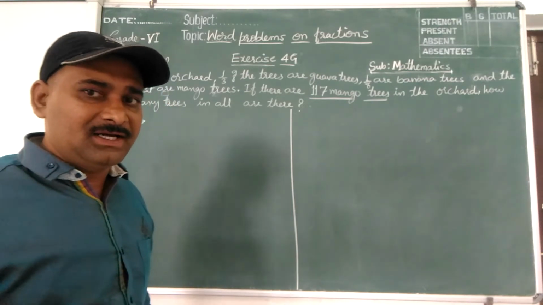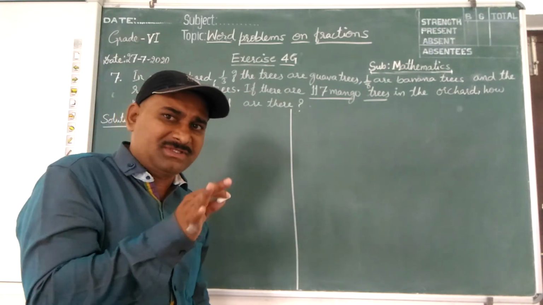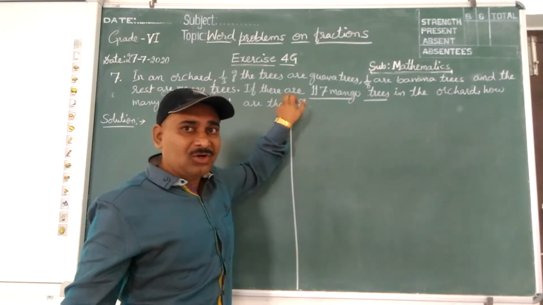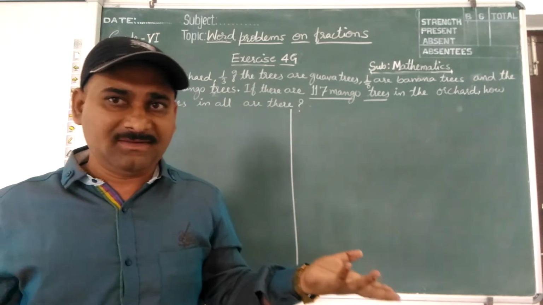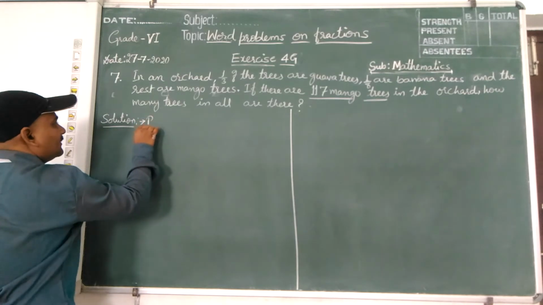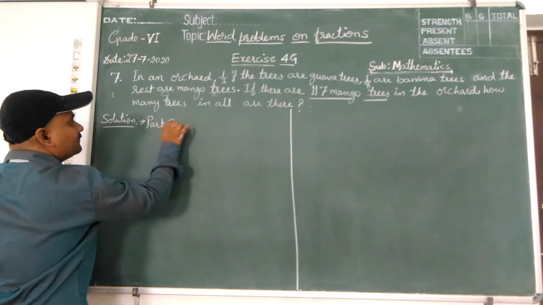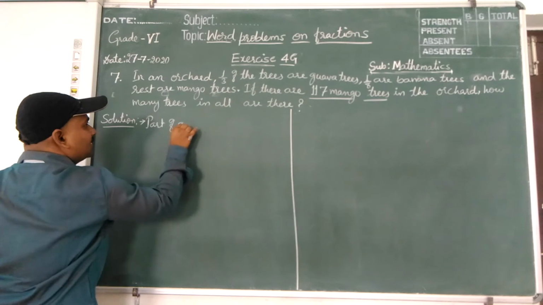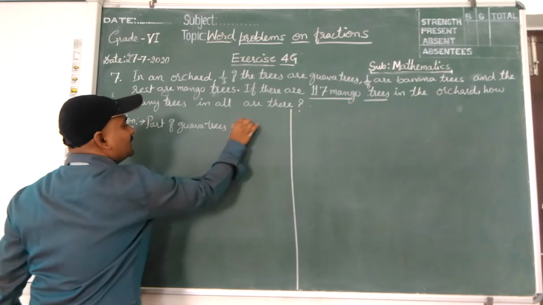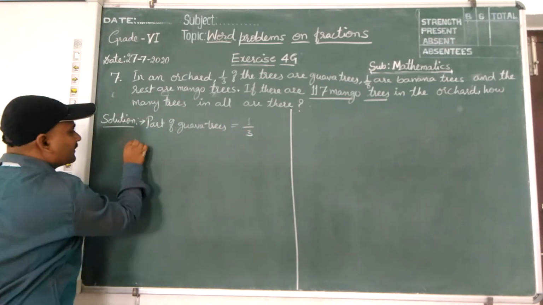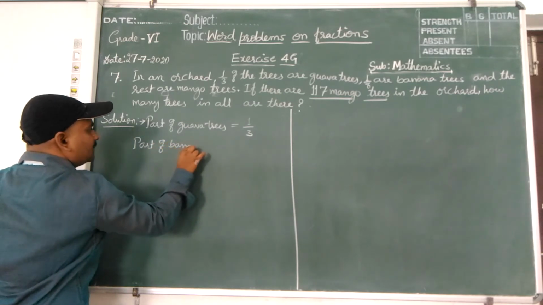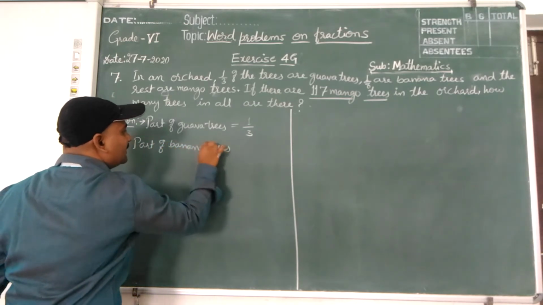Children, as we did in the previous sums, the same steps will follow. Let us convert the mango trees, which is not given in the form of a fraction, into a fraction. How will we get it? Let us write: part of guava trees is given as 1/3, part of banana trees is given as 1/8.